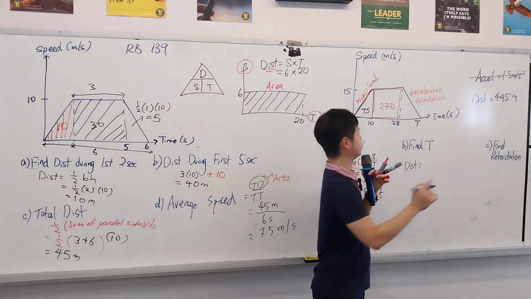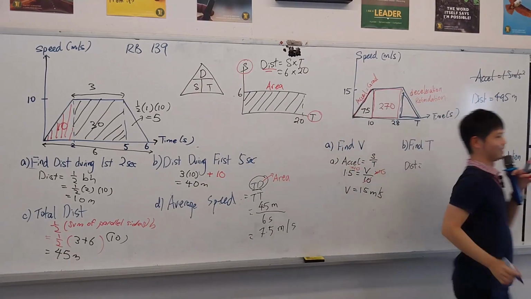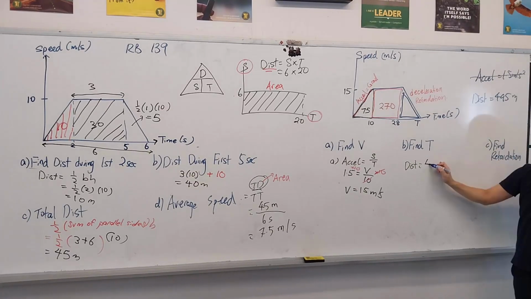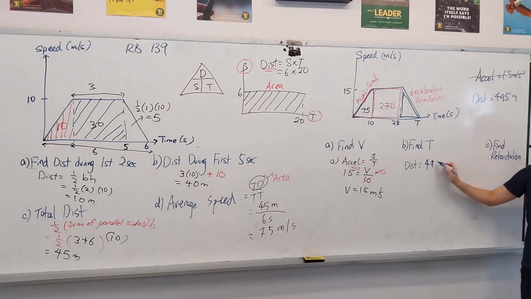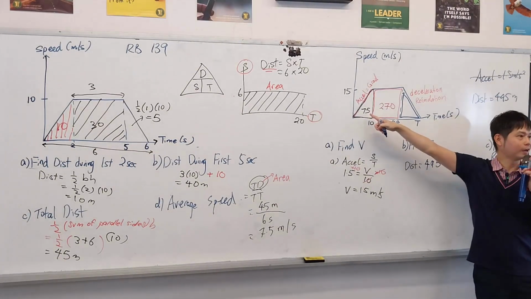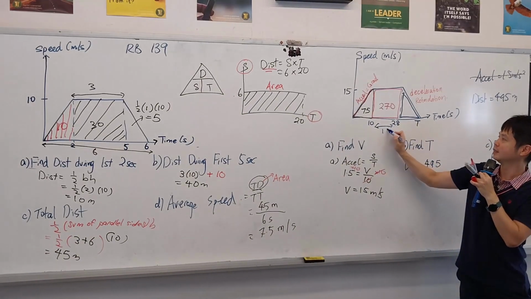Okay, this part you must know. What is the area here? This one you must know. How do you find the area? How do you find the distance here? Just this distance. 495 minus 75 minus 270. This one is 18.